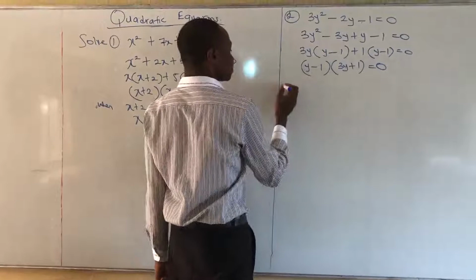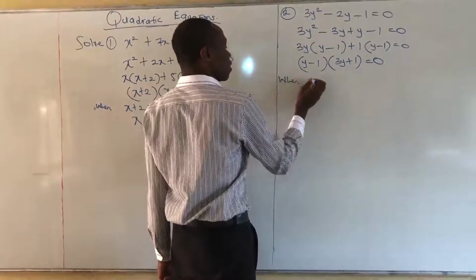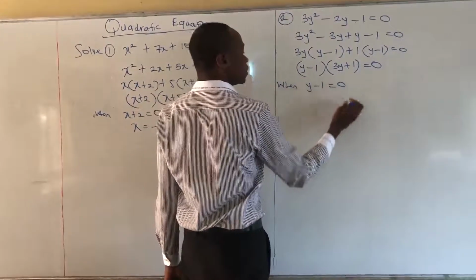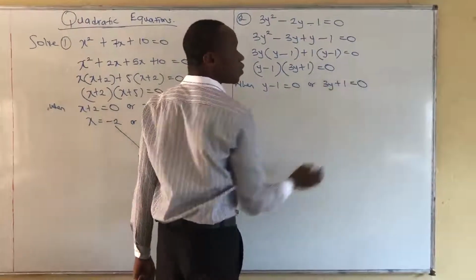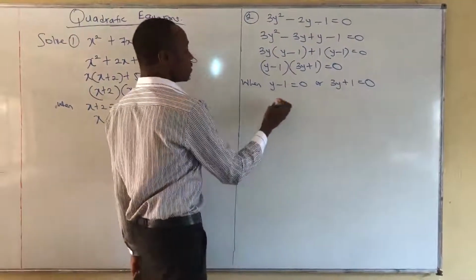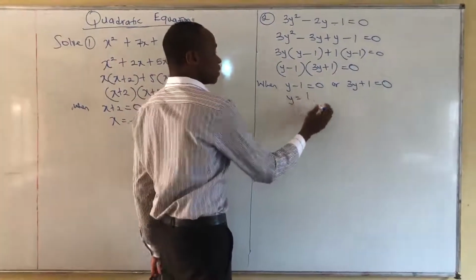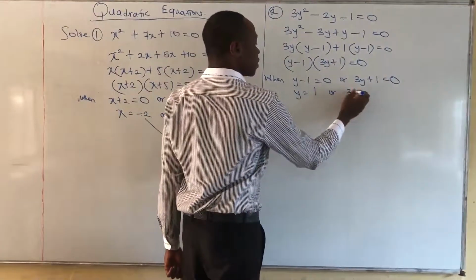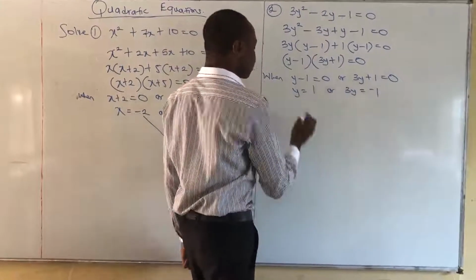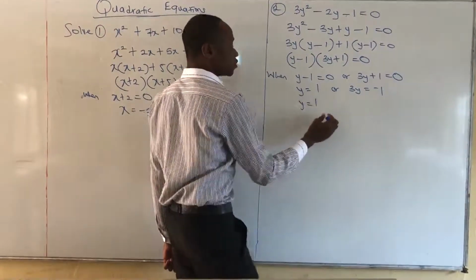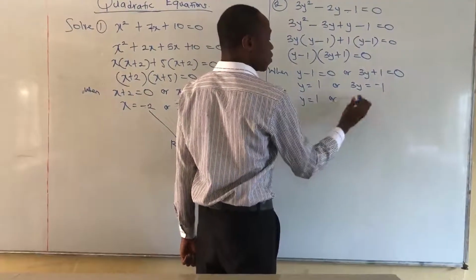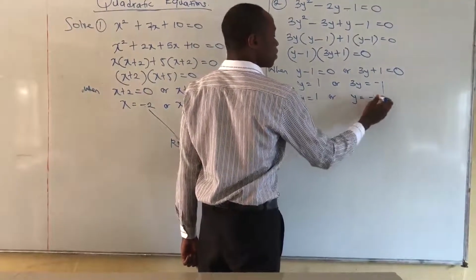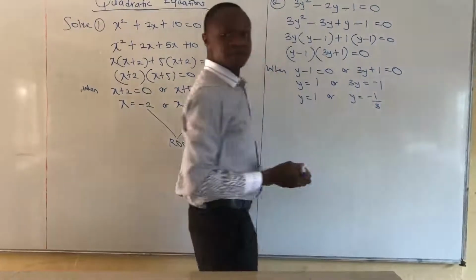This is possible when y minus 1 is equal to 0 or 3y plus 1 is equal to 0. Solving, we get y equal to 1 or 3y equal to minus 1. Finally, y equal to 1 or y equal to minus 1 over 3.